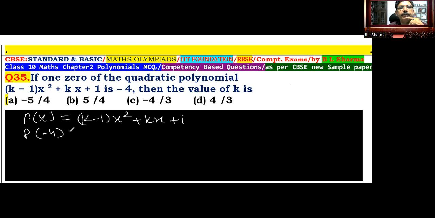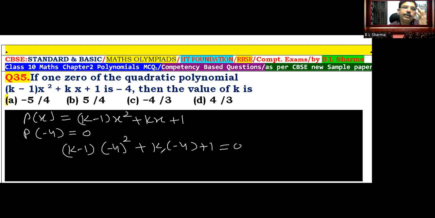Means the value of the polynomial at x equal to -4 will be 0. So you replace here (k minus 1) into (-4) whole square plus k into -4 plus 1, that should be equal to 0.